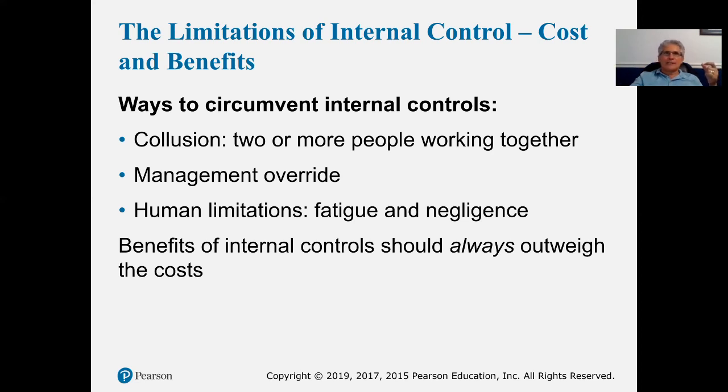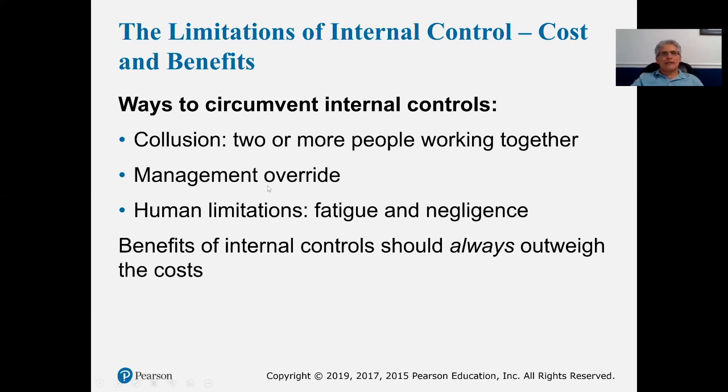If you have a receiving individual of the goods and the purchasing individual in the purchasing department working together to purchase goods and then take those goods and pull them off to the side so that now they can enjoy those goods, whatever they are, or sell them themselves, then that's an example of collusion where two or more people work together to defeat an internal control system.